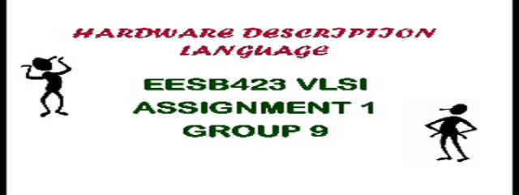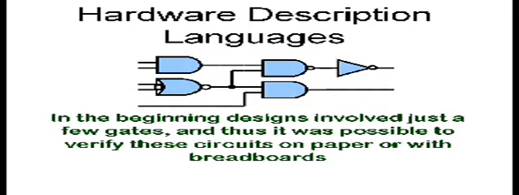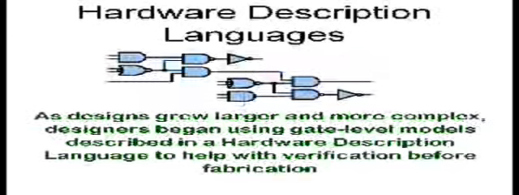Hardware description language. In electronics, a hardware description language is any language from a class of computer language for formal description of electronic circuits. It can describe the circuit's operation, its design and organization, and test to verify its operation by means of simulation.